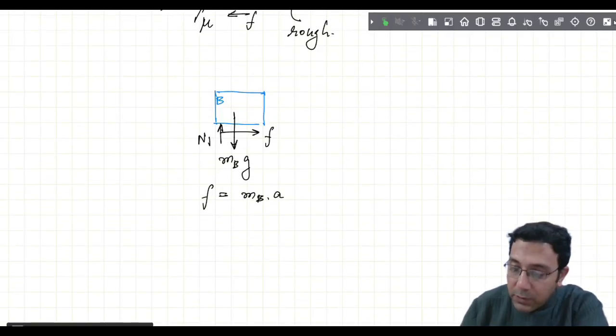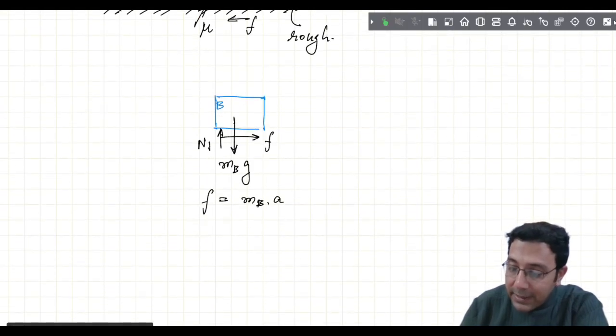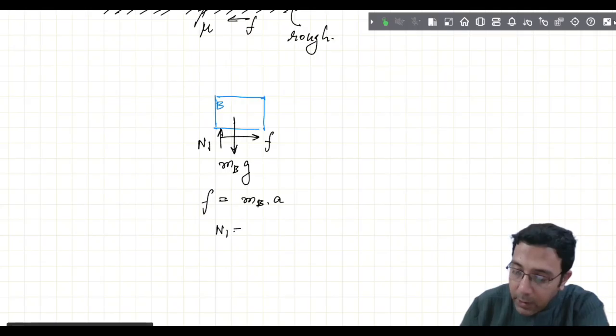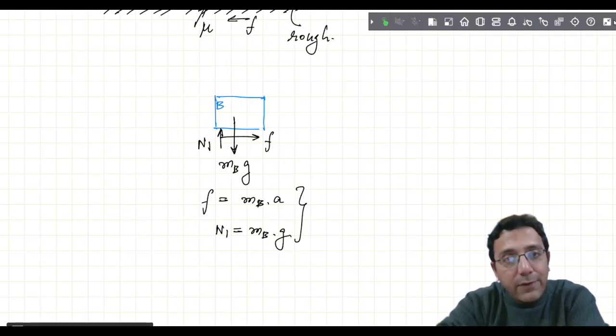The actual force is not directly acting, so only friction is acting, and of course N1 equals mb into g. So these are the two force equations that we can write for body B.